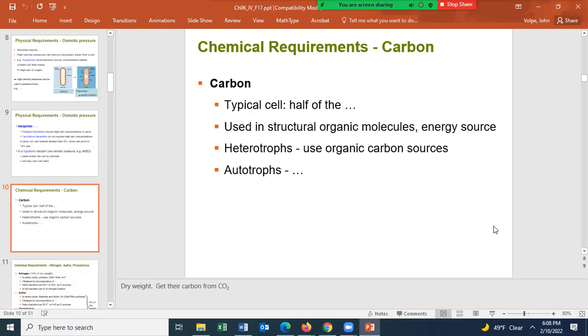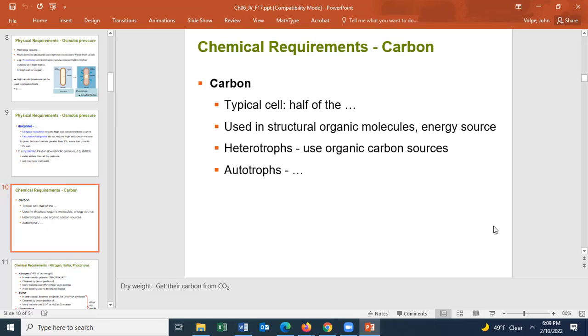Cells have a carbon requirement. Carbon is typically half of the weight of a dried cell, meaning if you dry and remove the water from cells, half of the weight of the cell is carbon. Carbon is used by the cell to make structural organic molecules.